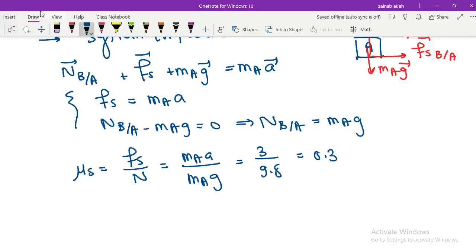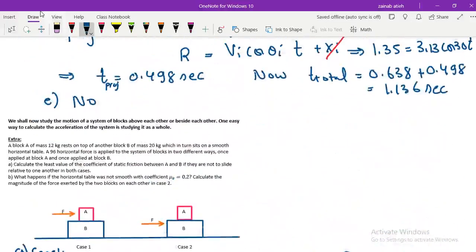Let me now do the second part. Part B says: what happens if the horizontal table was not smooth, with coefficient mu k equals 0.2. Calculate the magnitude of the force exerted by the blocks on each other in case 2.